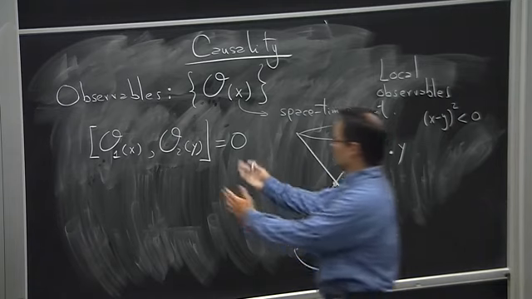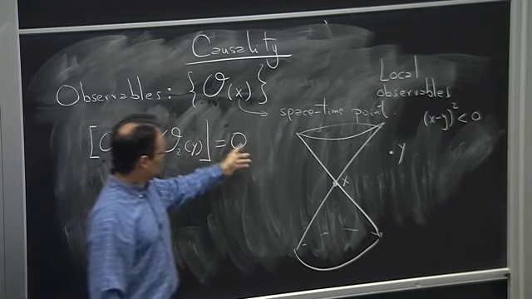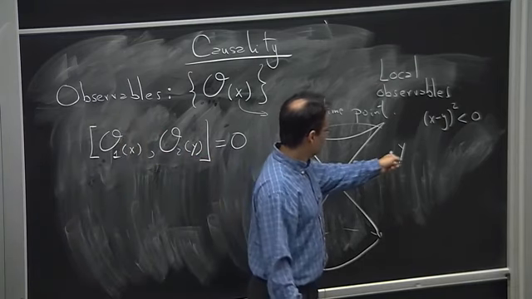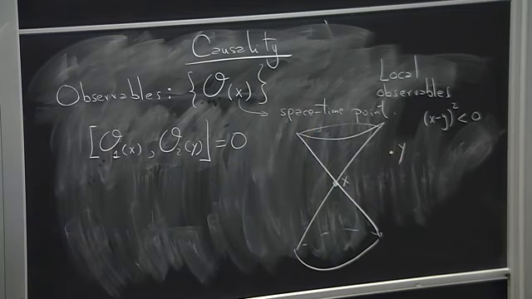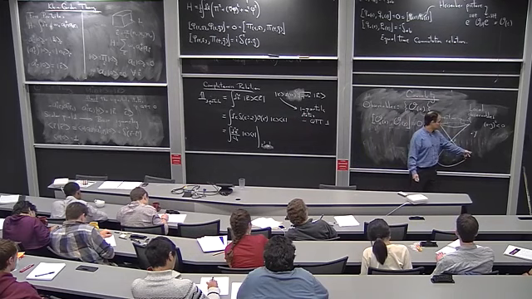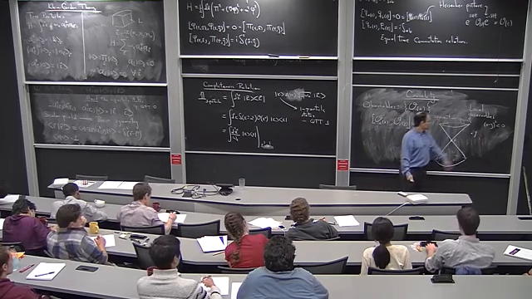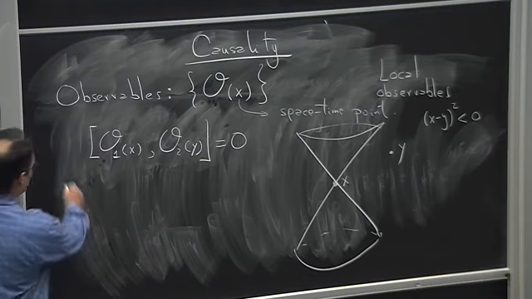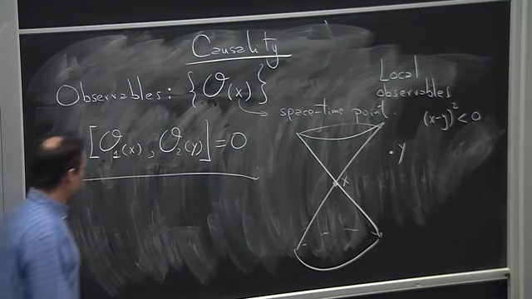Of course, if it wasn't 0, then a measurement here could affect a measurement here, and therefore we would have propagation of information at speeds faster than the speed of light. Of course, by Lorentz transformation, we could even go back to the past. So all these points are connected by Lorentz transformations, right? So this is the requirement that we should impose on the set of observables in our theory.